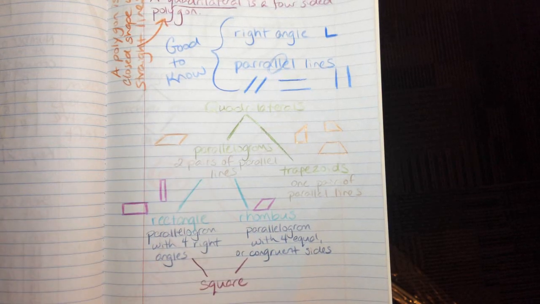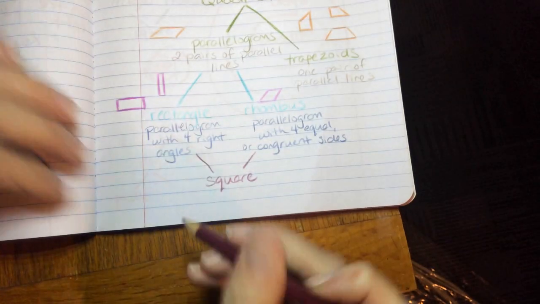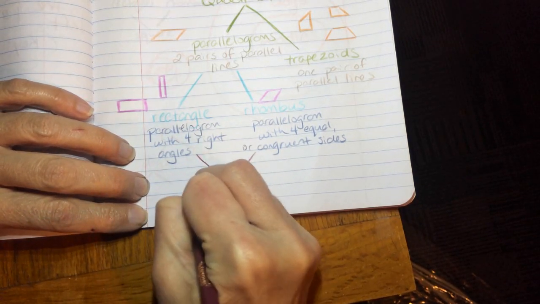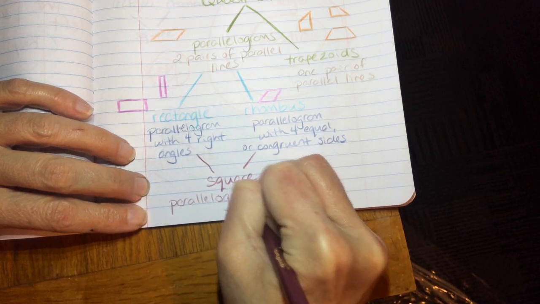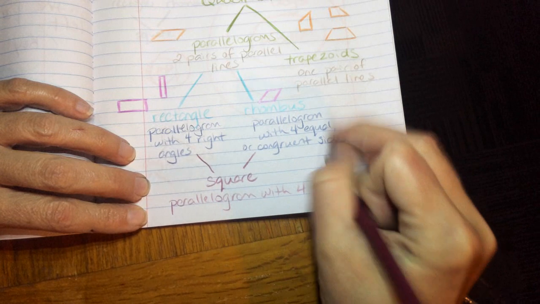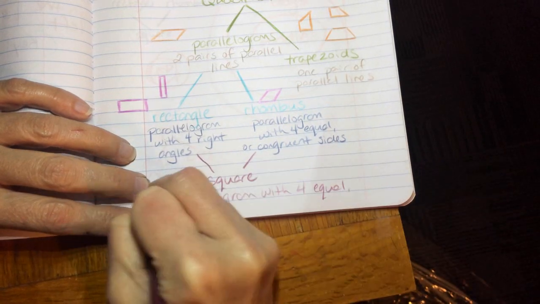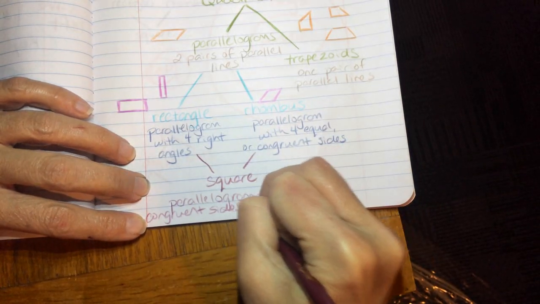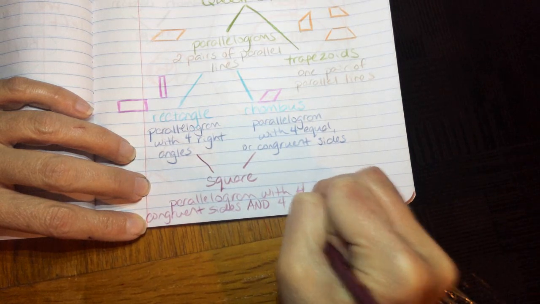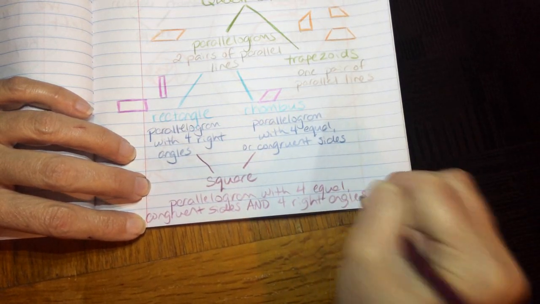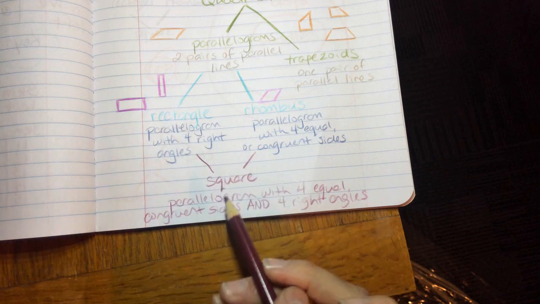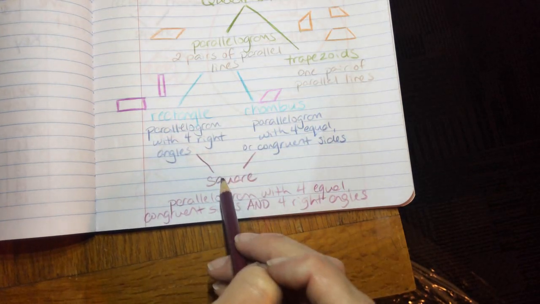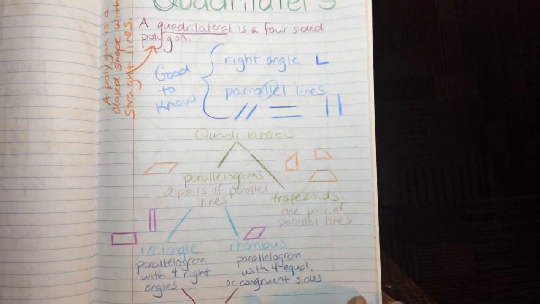A square is a parallelogram with four equal or congruent sides and four right angles. But it's important to note that just like poodles are dogs and poodles are pets, squares are rectangles, squares are rhombuses, squares are parallelograms, and squares are quadrilaterals.